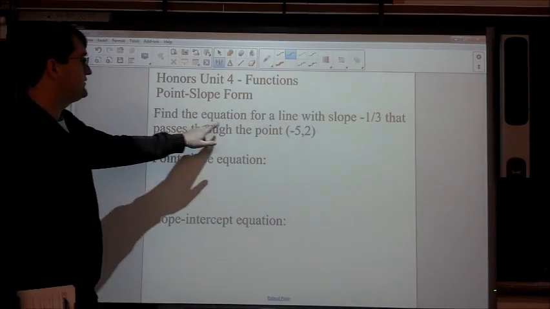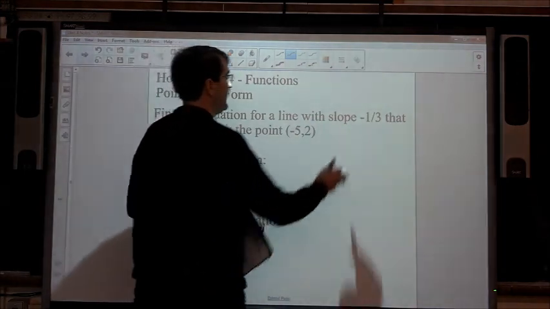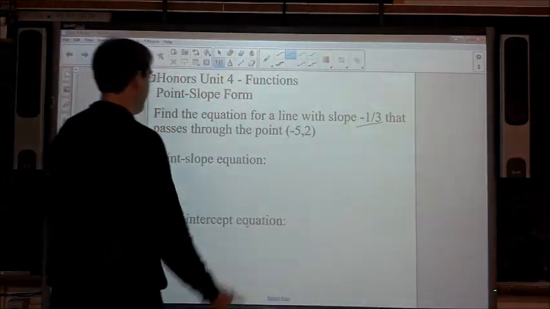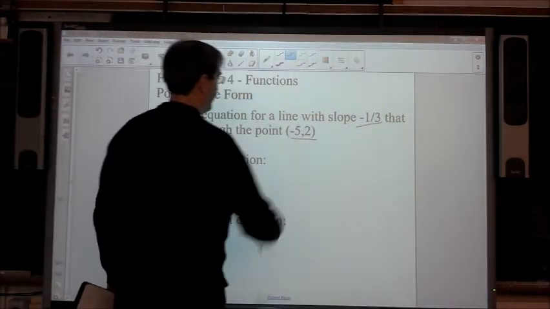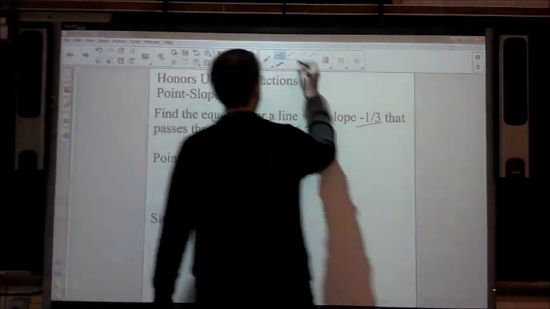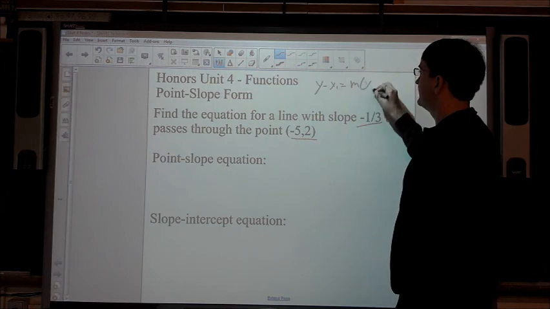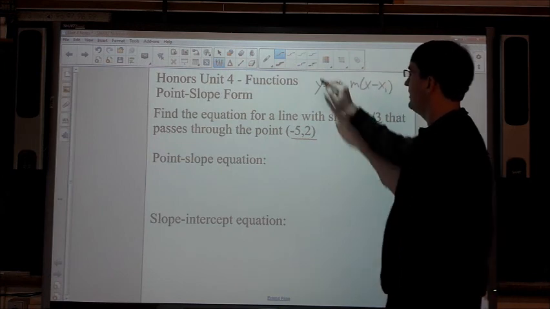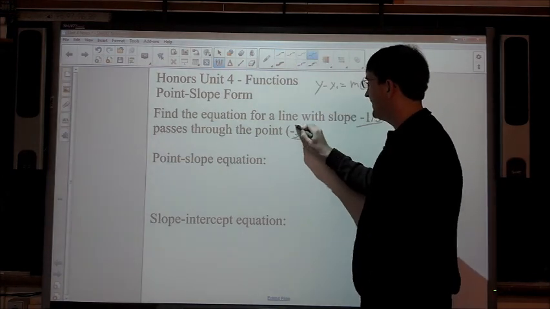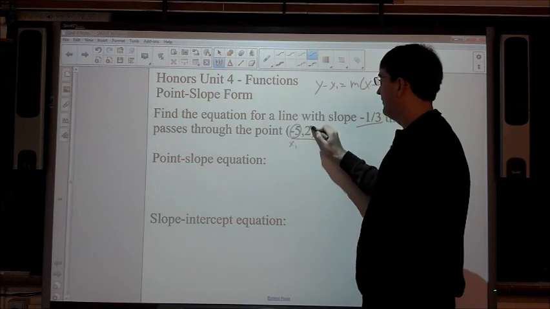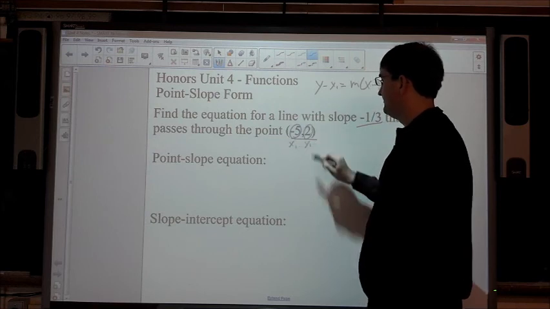I want to find the equation for a line with slope negative 1/3 that passes through the point negative 5, 2. Remember again my format. So it's y minus y1 equals m times x minus x1. Here, then, negative 5, that's x1. 2 is y1.